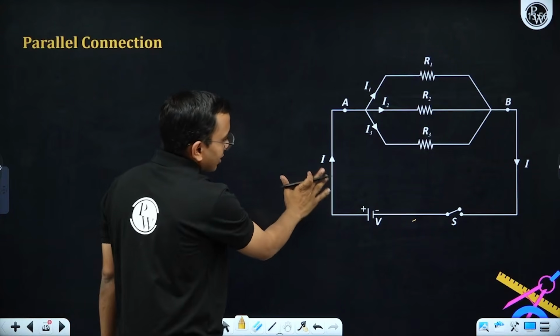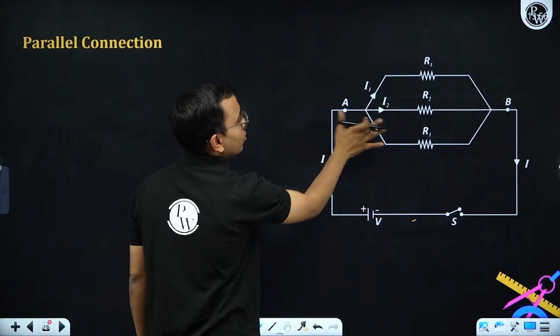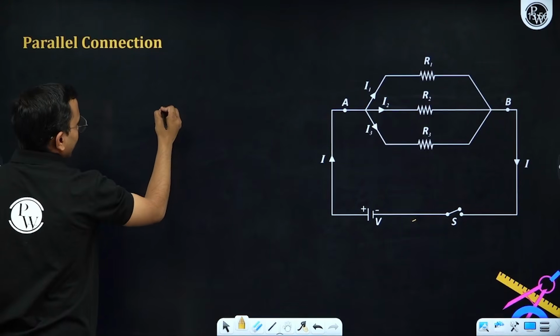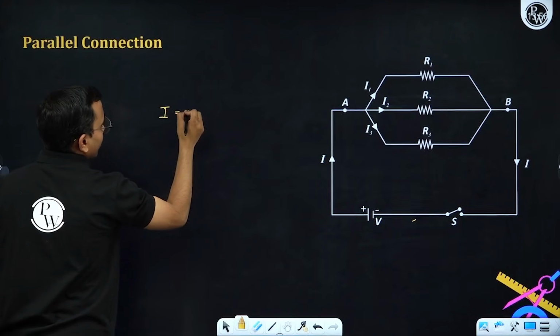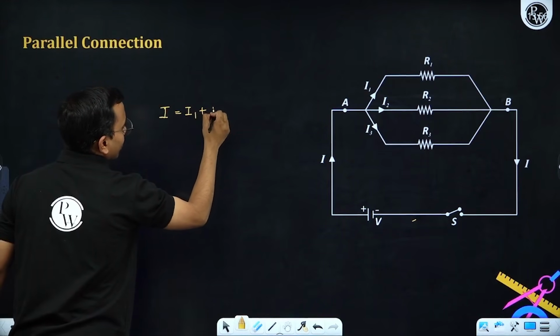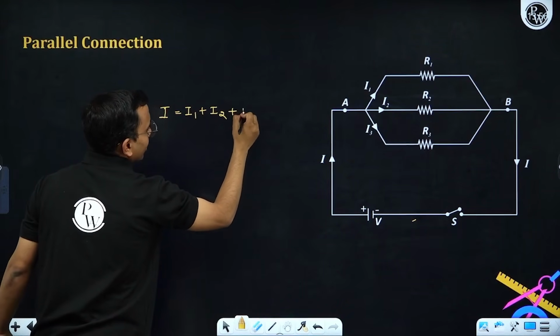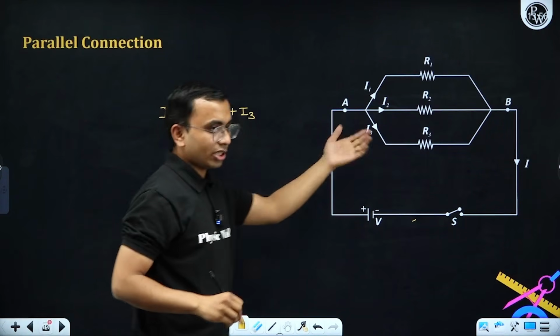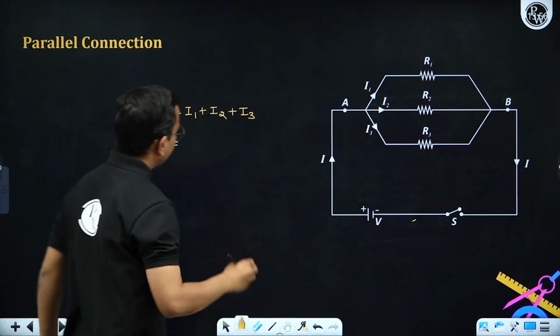So here this current I is coming and is divided into three currents, I1, I2 and I3. So I will say my current I is I1 plus I2 plus I3. What is I1? Potential is the same, so V by R1.